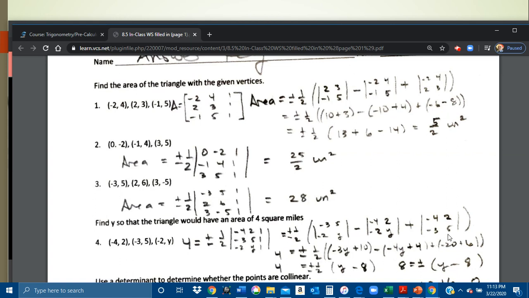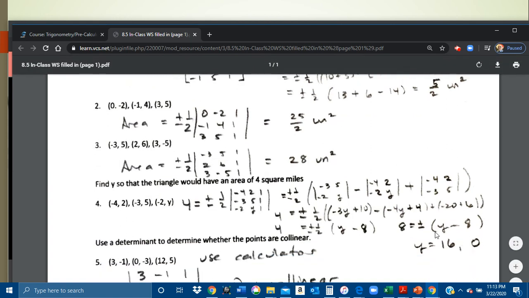So if I multiply both sides by 2, that gives me an 8 on this side, and I've got plus or minus y minus 8. So that tells me that y is either equal to 16, because 16 minus 8 is 8, or 0. 0 minus 8 is negative 8. Switch the signs and it becomes 8. So for number 4, we've got 16 or 0.